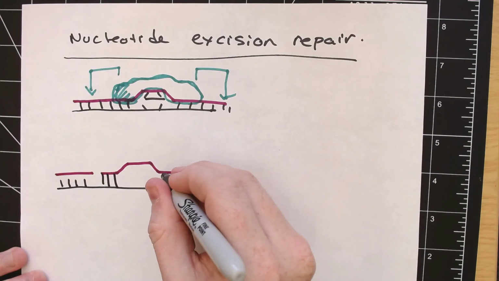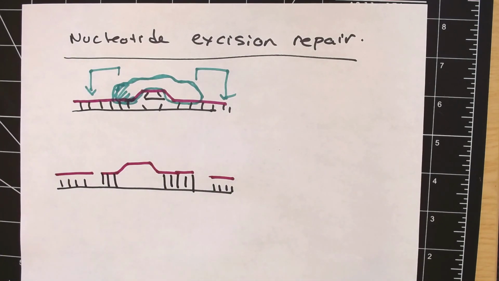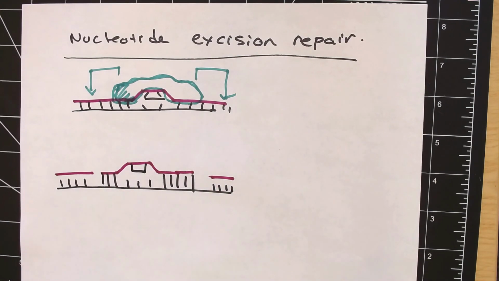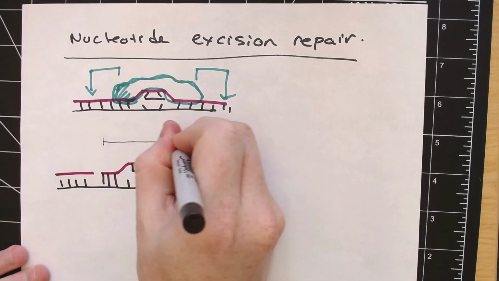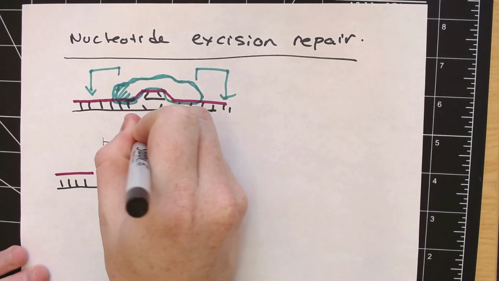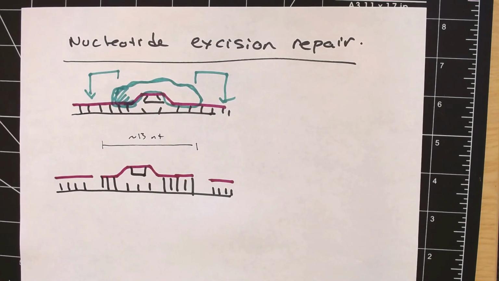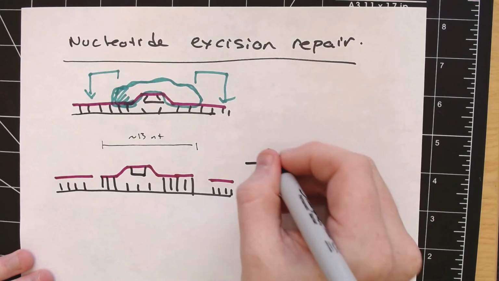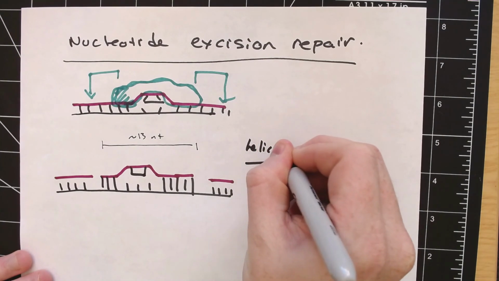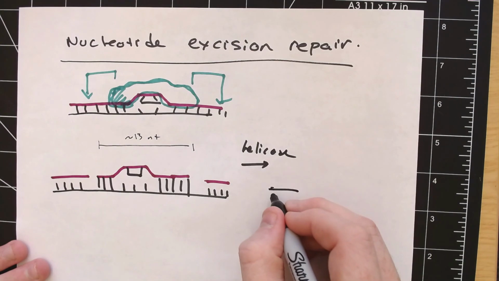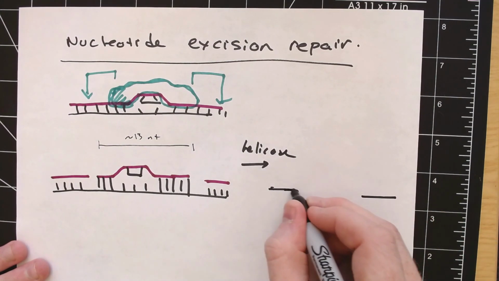Which got these still connected, and of course we have our thymine dimers and some stuff here. And this fragment is typically approximately 13 nucleotides long. And once these nicks have been made, we can use a helicase activity here to separate the strands.